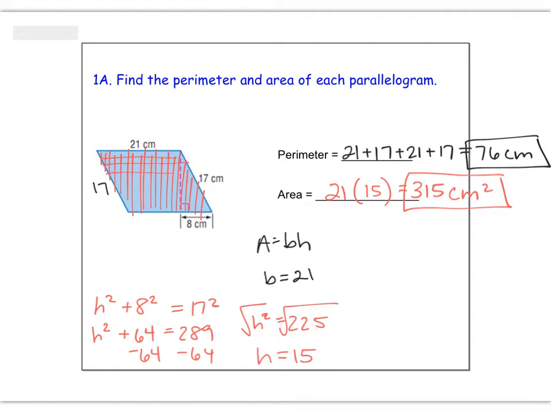Imagine I divide it into 15 units this way. You can see I'm off a little bit, but you get the idea. Guess how many little squares are inside of there? If you're guessing there are 315 squares that fill up this parallelogram, you are correct. It's actually 315 squares that are each 1 centimeter by 1 centimeter that would fill this up.